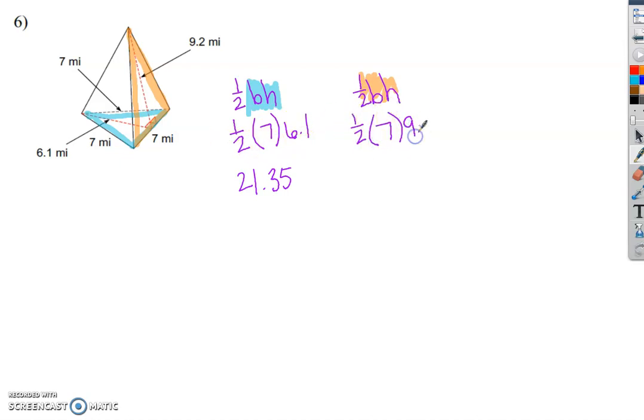The height is 9.2. So 7 times 9.2 divided by 2 is 32.2. There are 3 of them. I know they don't all look the same, but they are the same. So I'm going to multiply by 3. And I got 96.6.